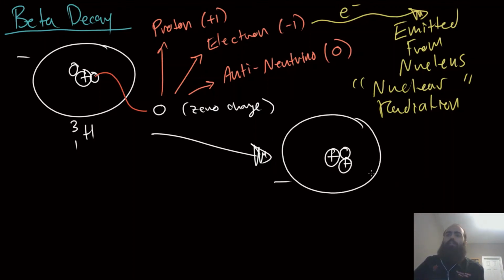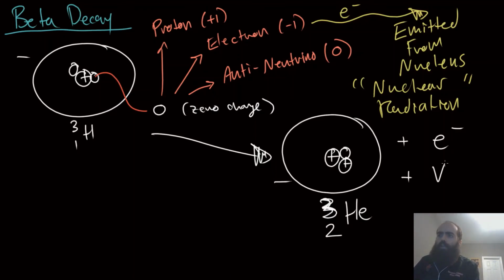Sorry, we've got 3 particles inside of the nucleus. We've got 2 protons, so that means our element is now helium, and we would change this number to a 2. And then we've also got that electron that was formed, and we've also got that antineutrino that was formed.